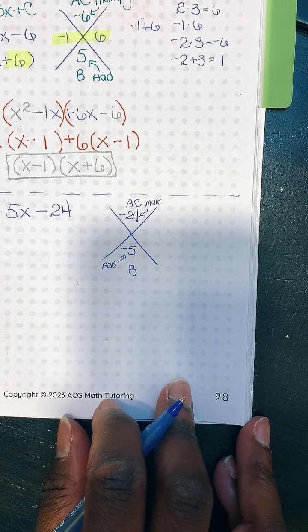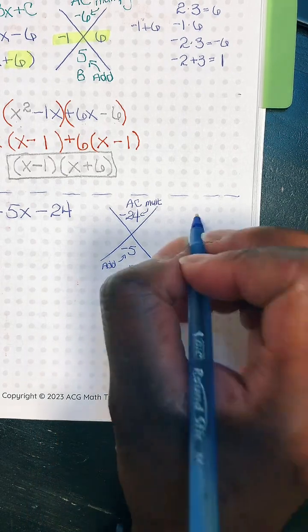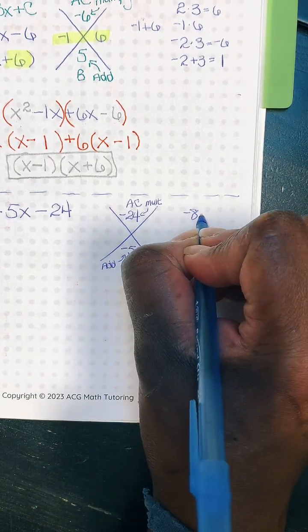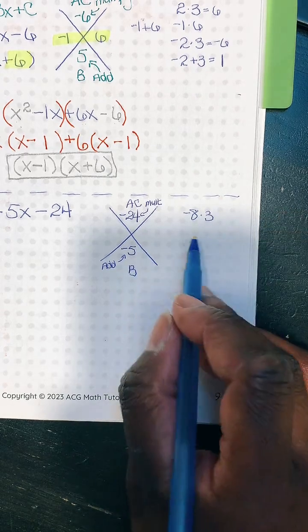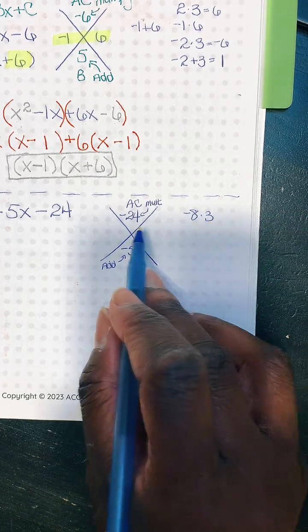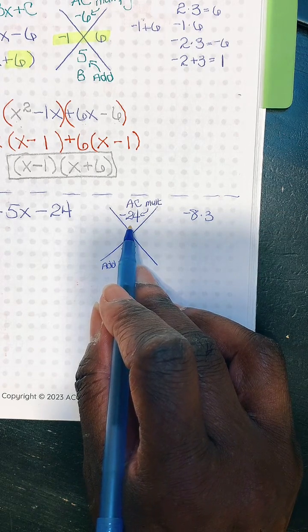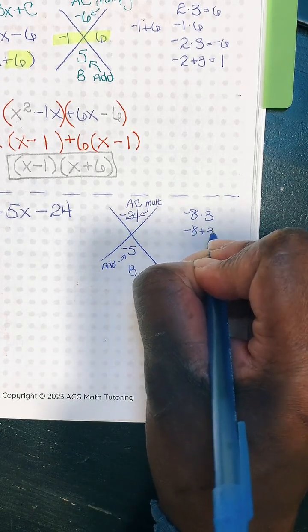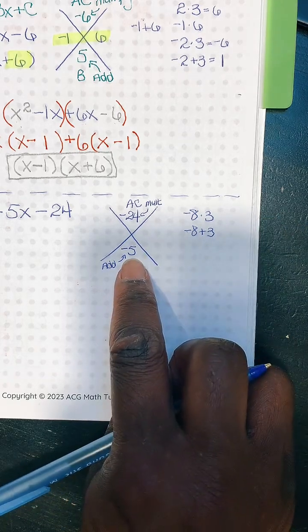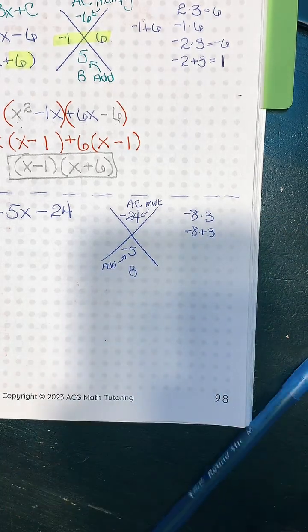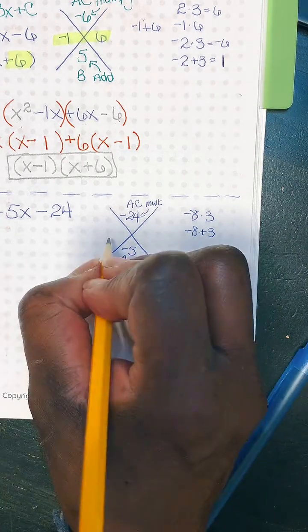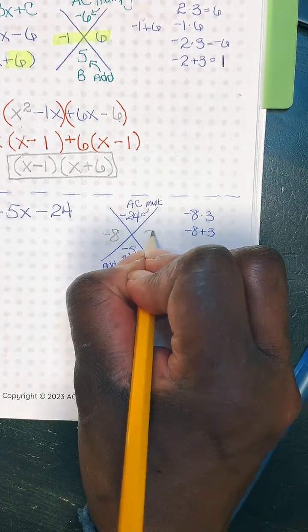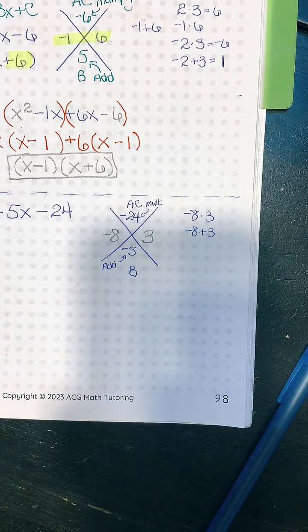Okay, cool. I got that part. Nice. So a lot of people are saying -8 and 3. So -8 times 3 gives me my -24. -8 plus 3 gives me my -5. So that works. So I'm going to put the first number here, the -8, and then put the 3 there.